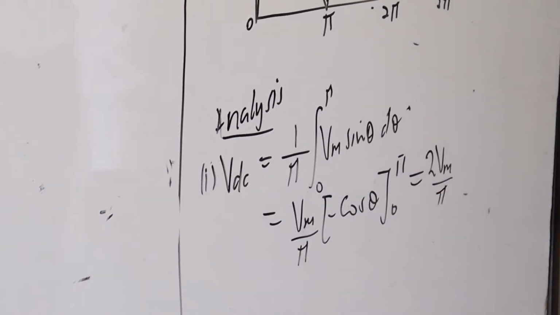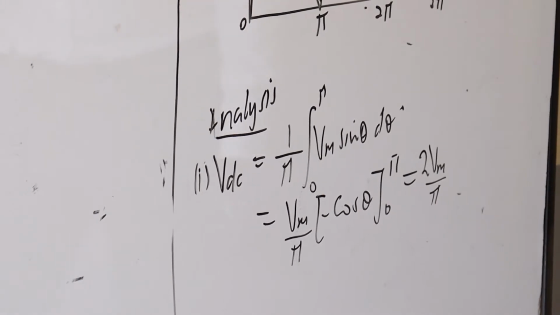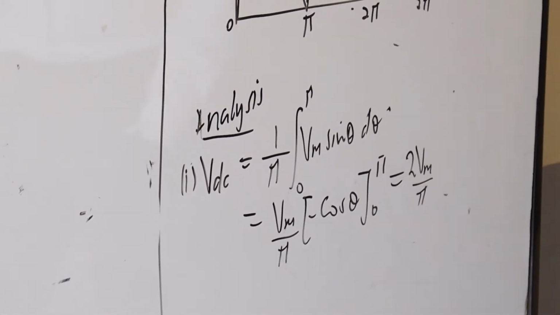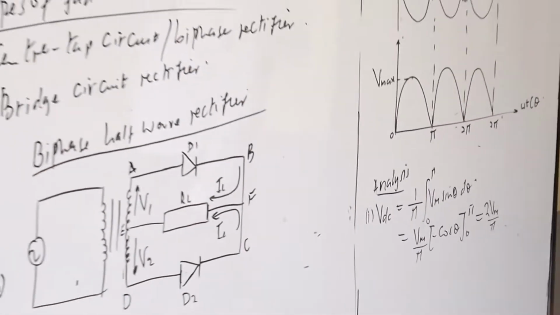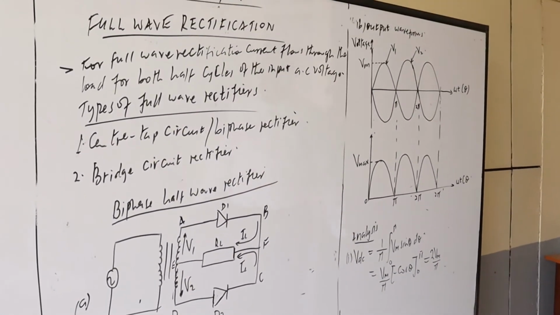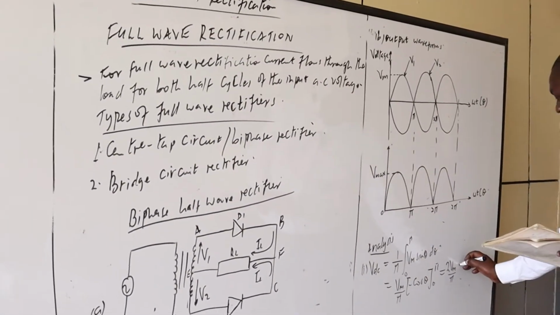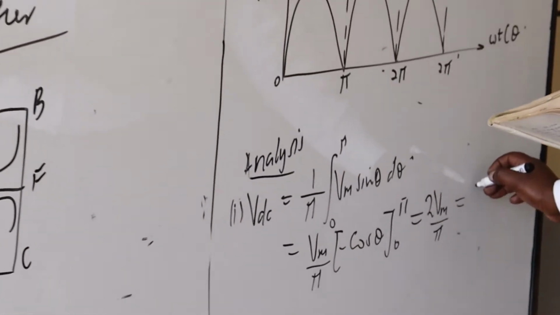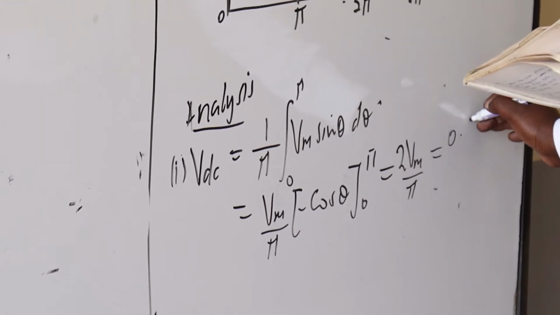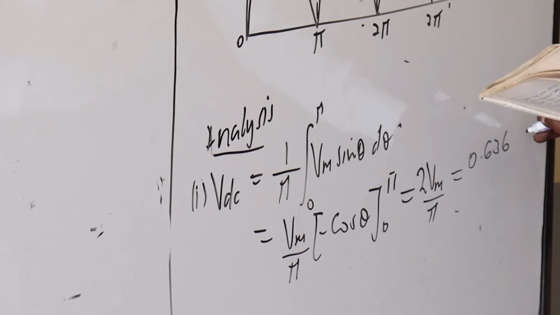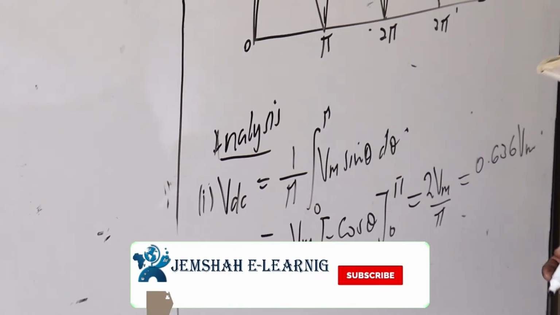So you will notice that now our voltage is twice the single phase half wave rectifier. Because this 2 over pi, you can write it as 0.636 Vm.